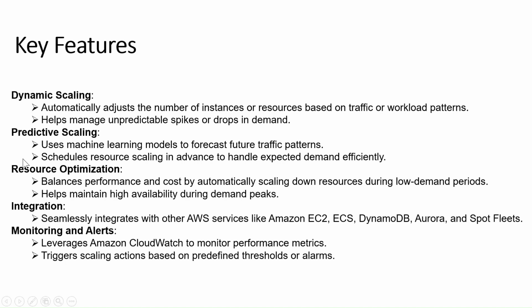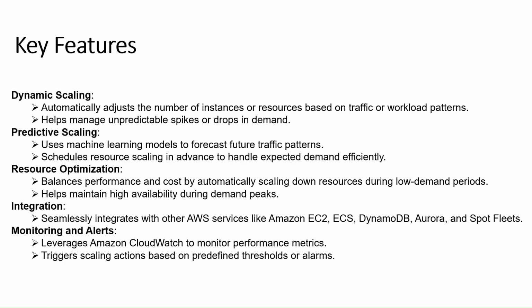Now let's see key features of autoscaling. Firstly, dynamic scaling, predictive scaling, resource optimization, integration, monitoring, and alerts. Dynamic scaling and predictive scaling are the two ways of autoscaling in AWS.